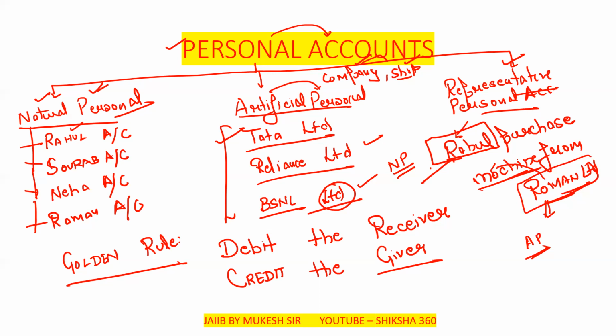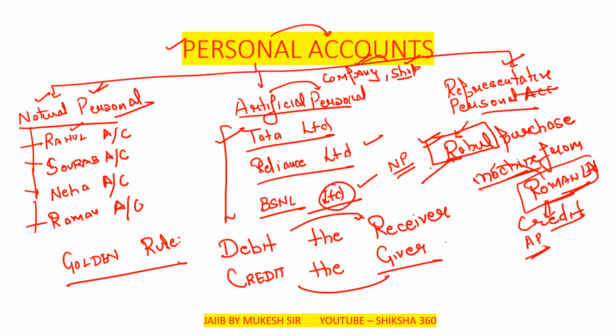So what will happen here? Debit the receiver: we have to debit the Rahul account and credit the Roman Limited account. Debit the receiver and credit the giver.